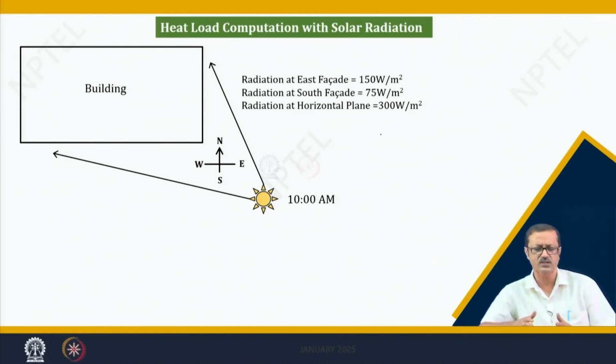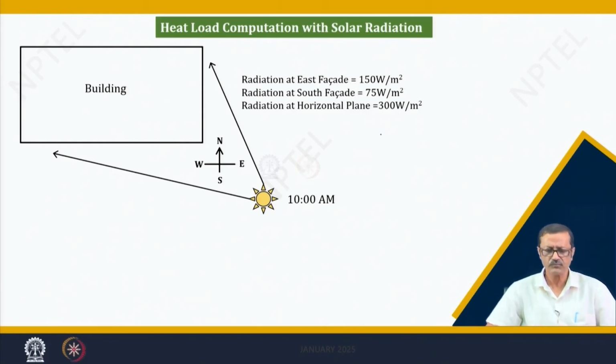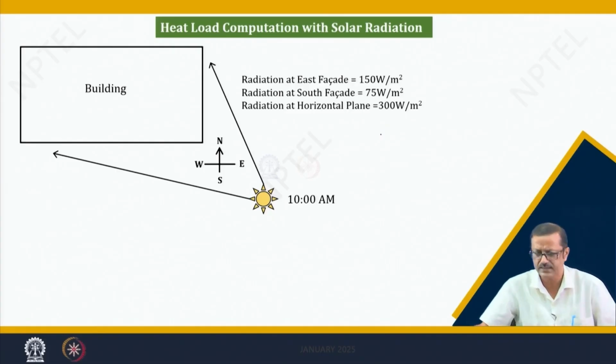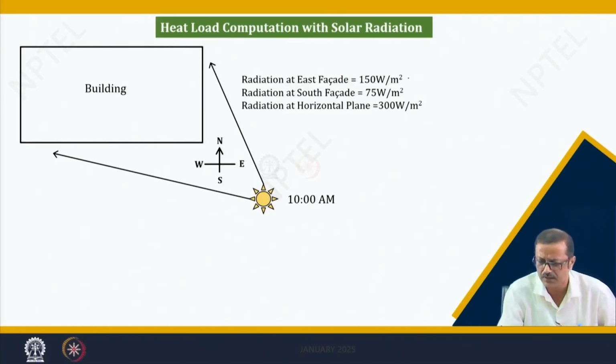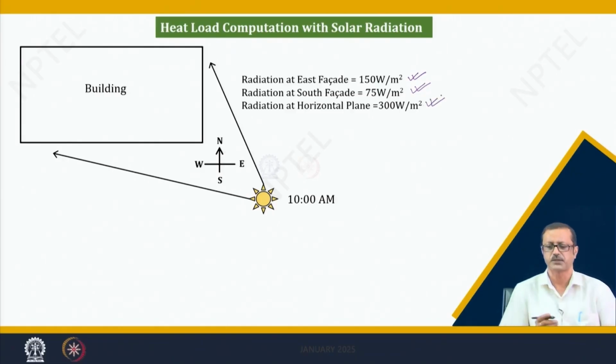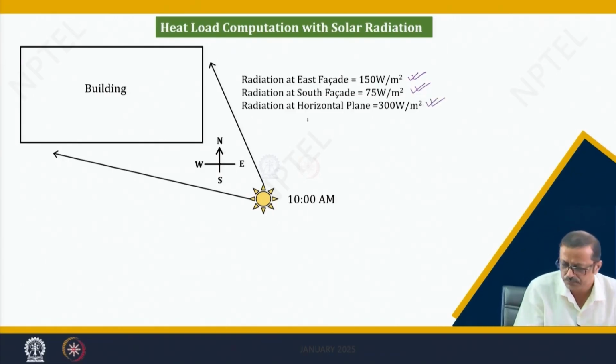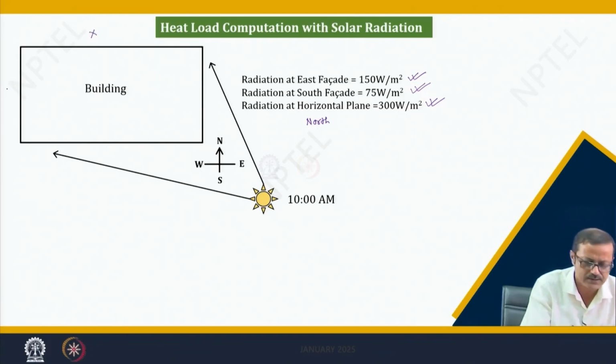Suppose in the morning at 10 o'clock, the sun angle, the azimuth and the altitude angle, is such that only the east facade is receiving 150 watt per meter square radiation, because the radiation unit is watt per meter square. South is getting 75 watt per meter square and the roof is getting 30 watt per meter square. North 0, no radiation over here, and west is also 0.